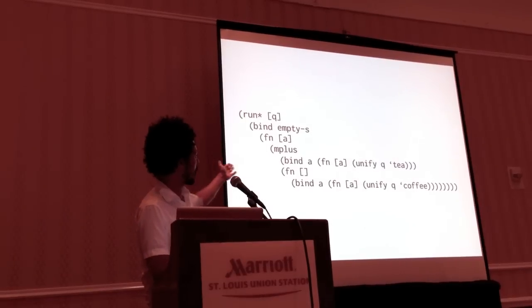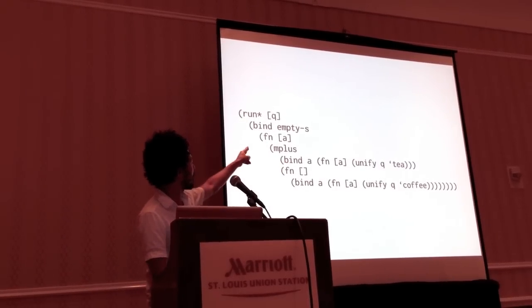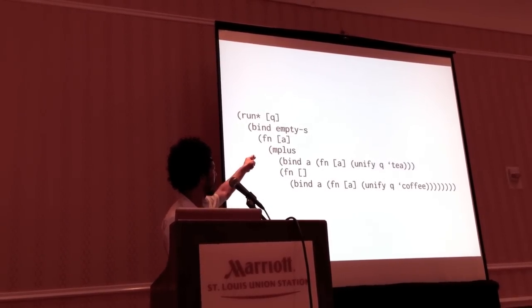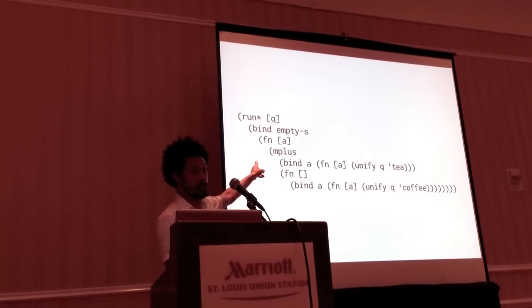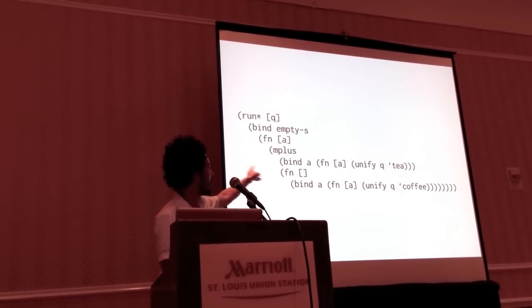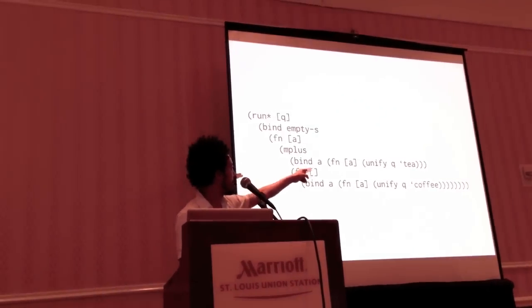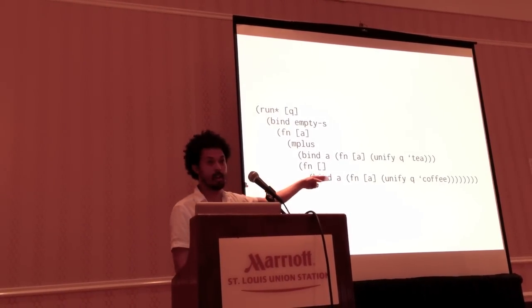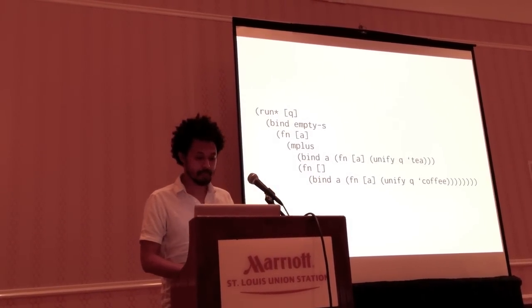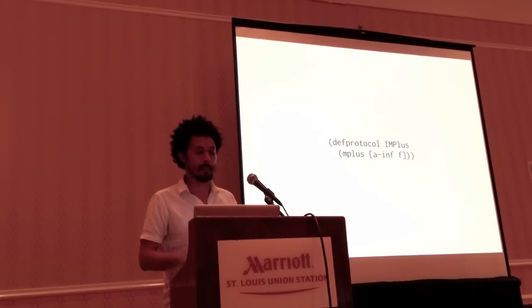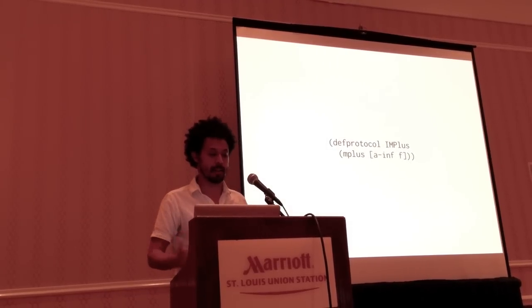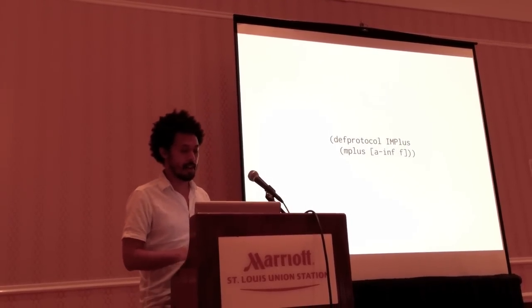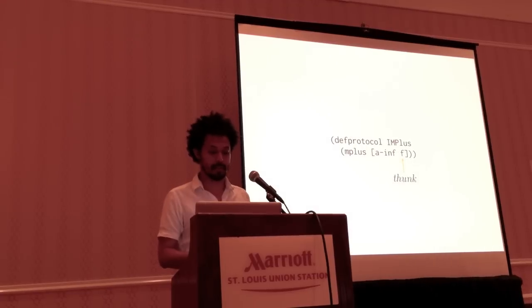And so this is really what happens, right? We're going to bind the MTS. It's going to go into that function, and you can see M plus is going to do something strange, but we can see that it will bind that to unify to T and bind in the alternate branch to coffee. So M plus, again, looks very similar to bind. It takes an A infinity, and it takes a thunk, right?